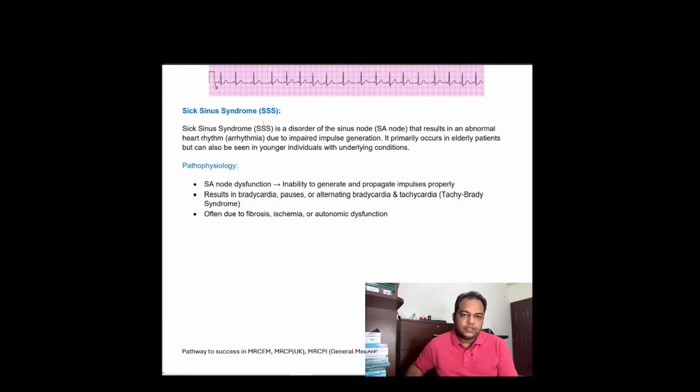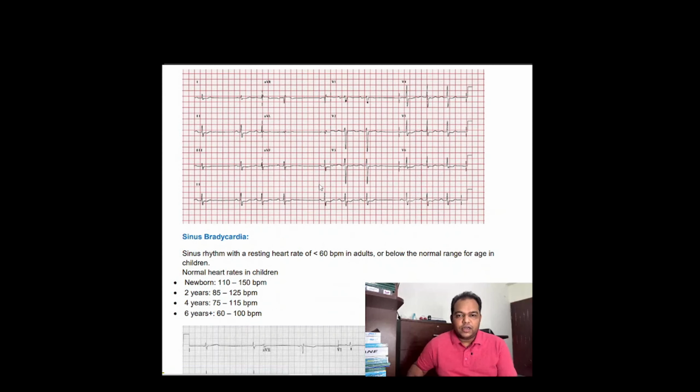Now, sick sinus syndrome due to SA node dysfunction. The causes of SA node dysfunction include fibrosis, ischemia, or autonomic dysfunction. You can appreciate there is a P wave which is conducted, causing a normal QRS complex.